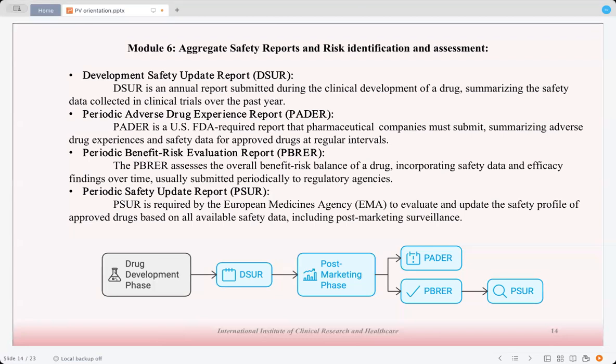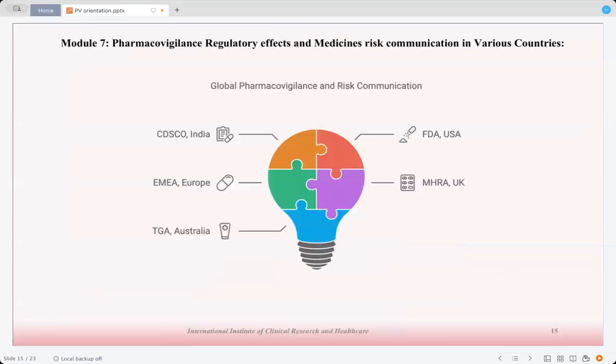Next is the PSUR, or periodic safety update report. The PSUR is required by the European Medicines Agency. It is to evaluate and update the safety profile of approved drugs based on all available safety data, including post-marketing surveillance. So these all are the aggregate safety reports in pharmacovigilance.